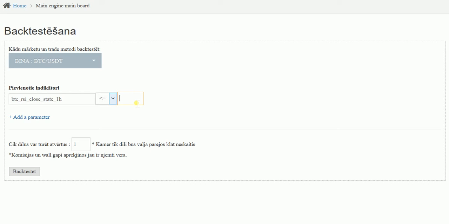Many people just put out a successful part of the chart where it would work out great, but I'm curious, in this case, if the BTC RSI close state in a 1 hour time frame is below 21, how good the actual results would be in terms of, let's say, profit for the last 2 years.